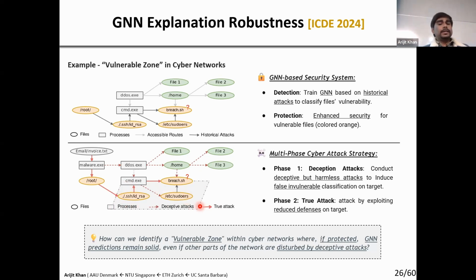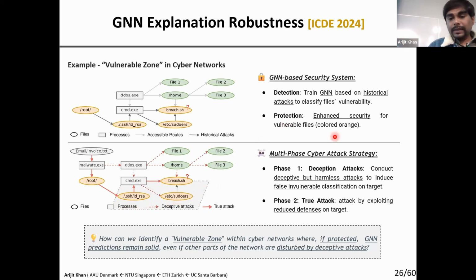And our K robustness problem can actually solve this, because if you change a little bit on the path that goes to the green files, then nothing will change in terms of the decision on bridge.sh. But if you change on this path, which consists of the red attack paths, then the bridge.sh decision will be different. So that's why our K robustness problem can also detect this kind of important subgraphs, right, that consist of the real attack paths. And that shows the usefulness in the cybersecurity domain.